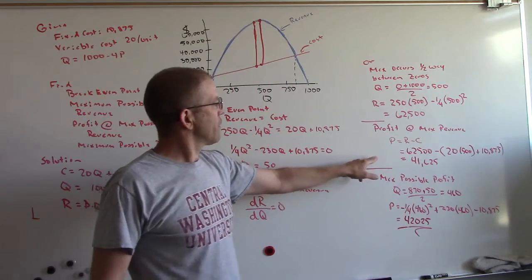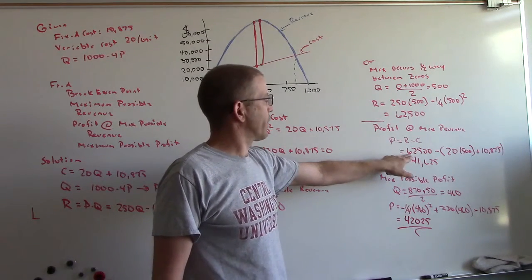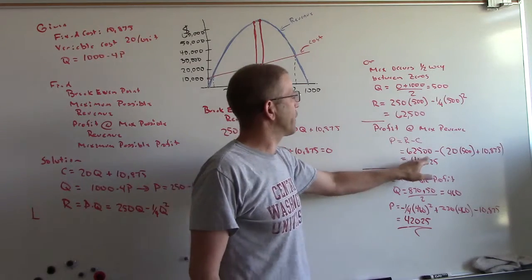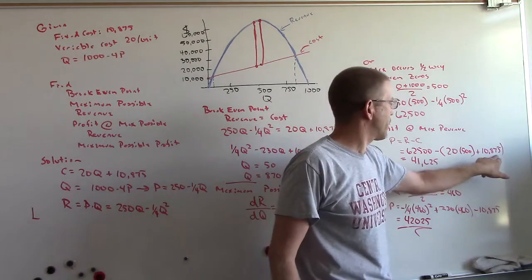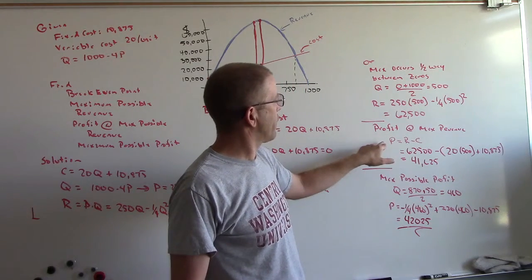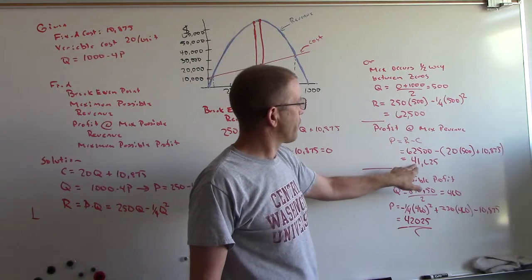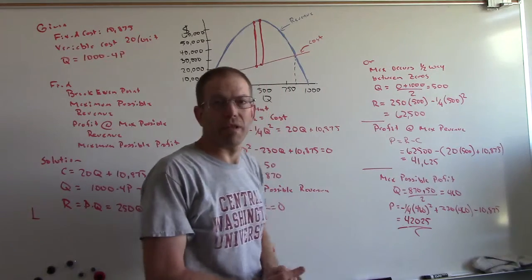So in this case, since we've already calculated the revenue at 500 units, we only need to calculate the cost at 500 units, take the difference, and when we do so, we find that the profit at the maximum possible revenue is $41,625.